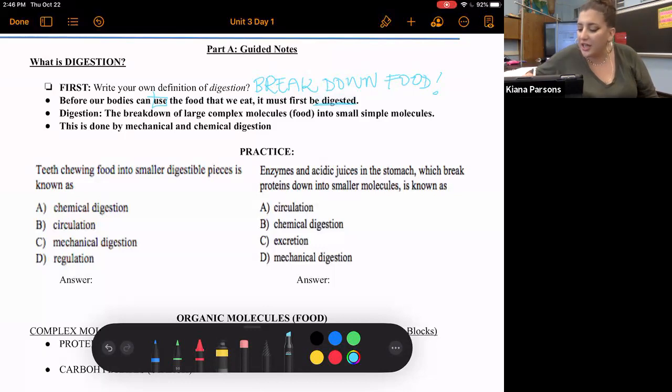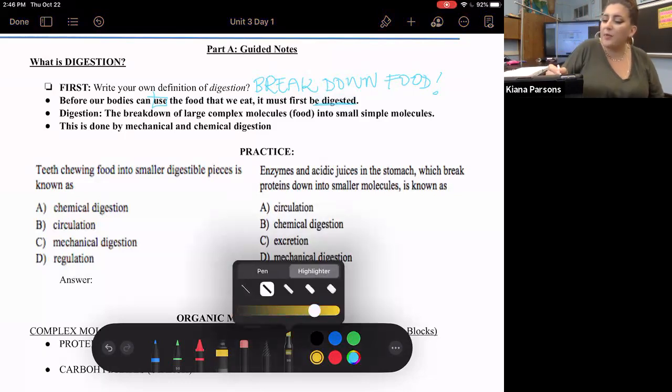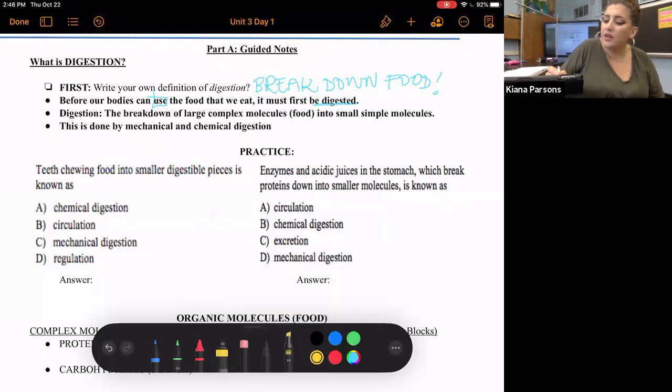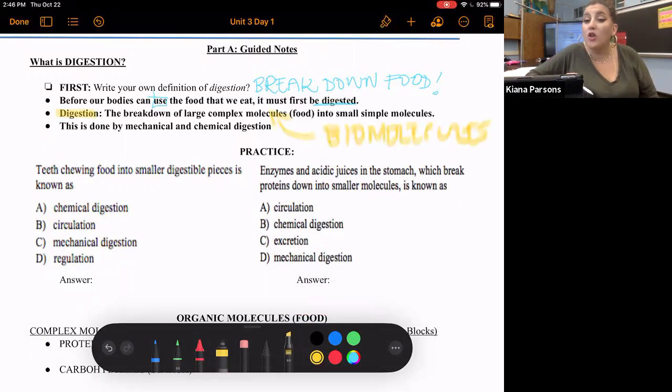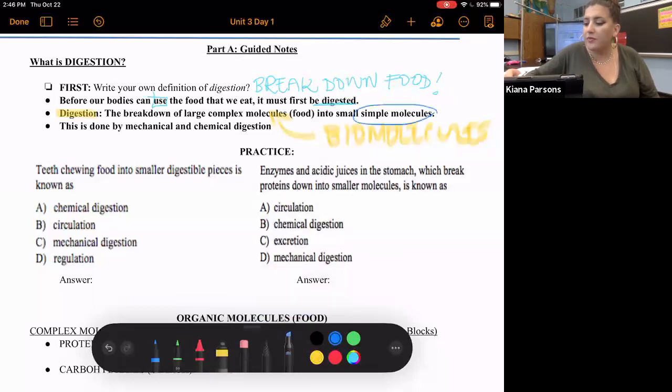So digestion is the breakdown of large, complex molecules, biomolecules, and we're about to see those come back up, into small, simple molecules, monomers.